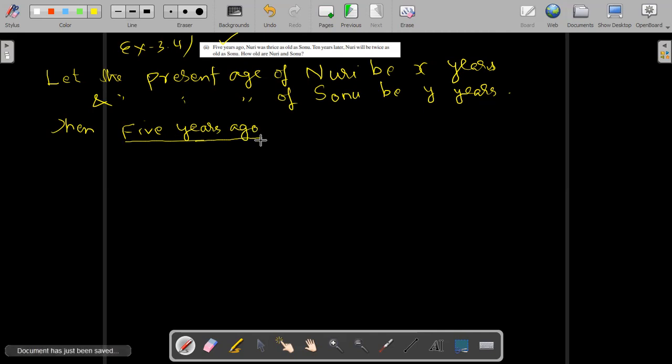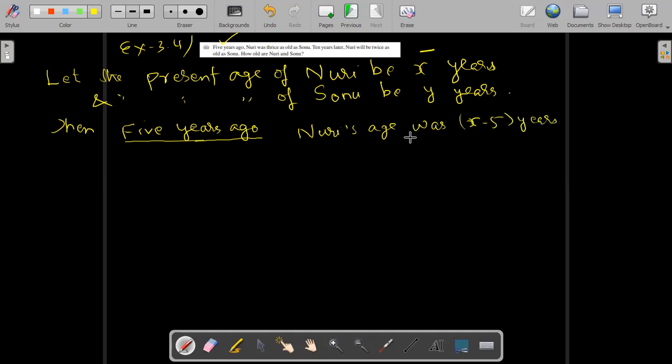First write the age, then come to the relation. 5 years ago, Nuri's age was today's x, so 5 years ago it will be x minus 5 years. And Sonu's age was y minus 5 years. These are the ages of Nuri and Sonu 5 years ago.